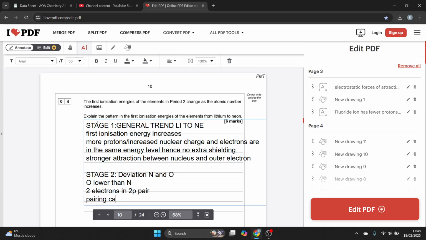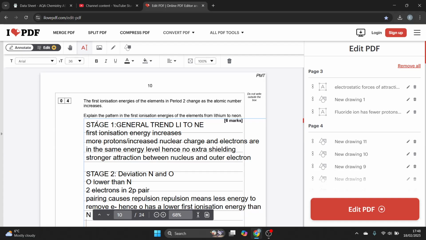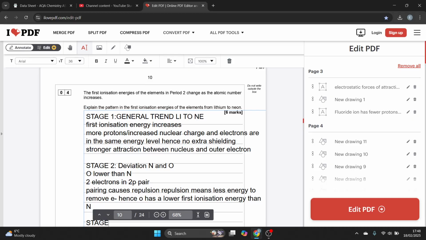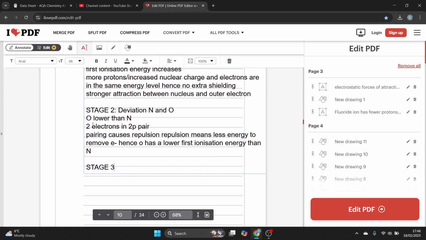And pairing causes repulsion. And then the repulsion means less energy to remove the electron, so lower first ionization energy. Hence, oxygen has a lower first ionization energy than nitrogen, even though it should, just according to the trend, have a higher one than nitrogen.